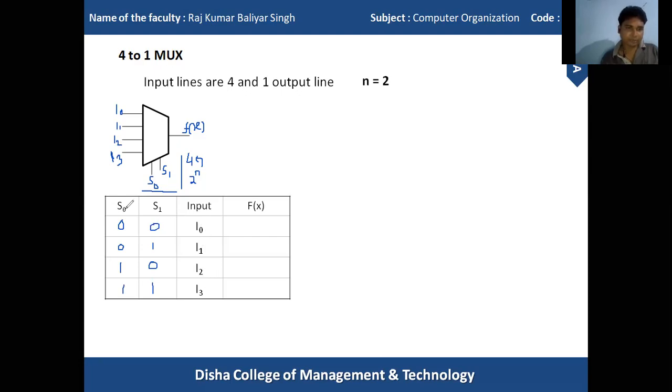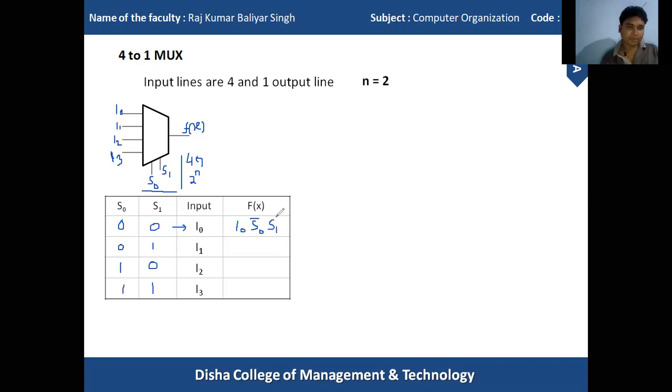When S0 equals 0 and S1 equals 0, let's activate I0. The function will be I0 S0-not and S1-not.